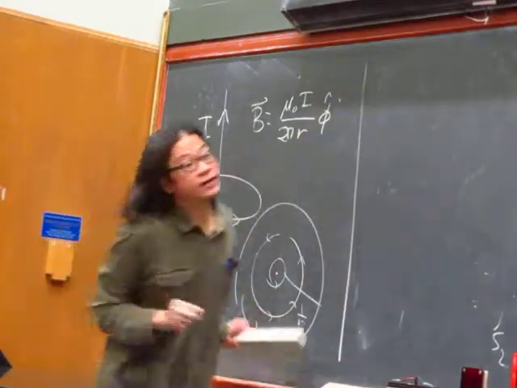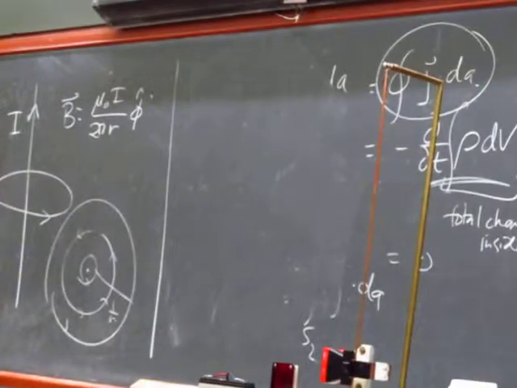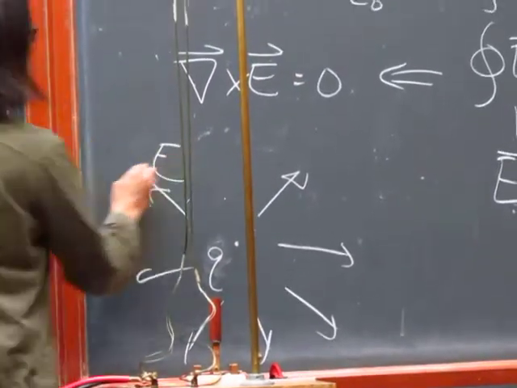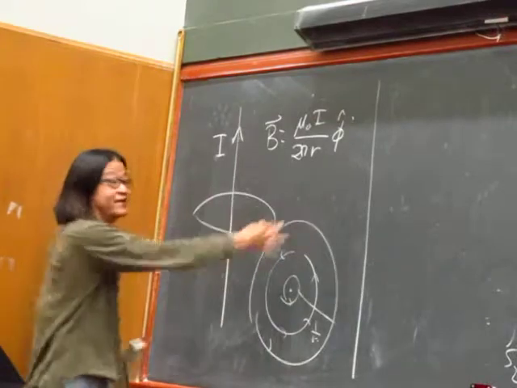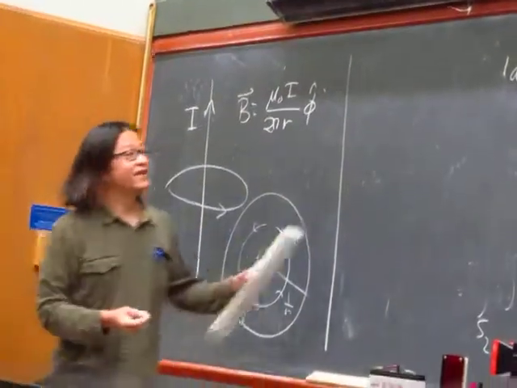Unlike in electrostatics, where you have a point charge and all the electric field points radially outward, and this is how you get Gauss's law, in this case the B field, instead of being radial, is actually tangential.